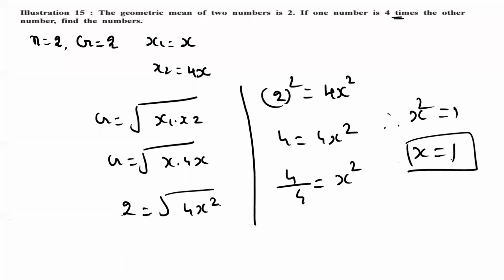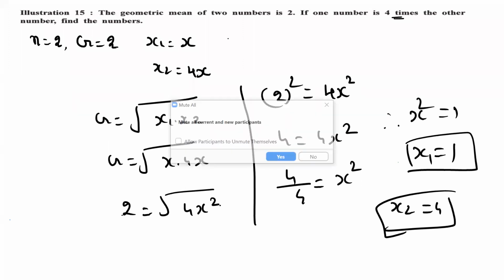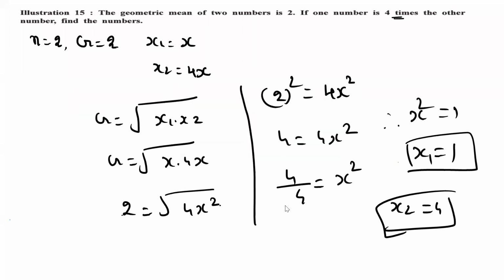If x is equal to 1, the first number x1 is equal to x, we can say 1. So x2 is equal to 4 into 1, x2 is equal to 4. Clear to you? Any doubt you can ask?